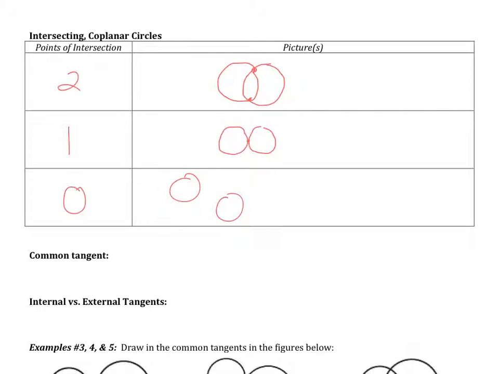It could just simply be like this. But one of the things that I want you to be aware of is this situation. This is where they have the same center. These are going to be called concentric circles. And concentric circles have the same center.